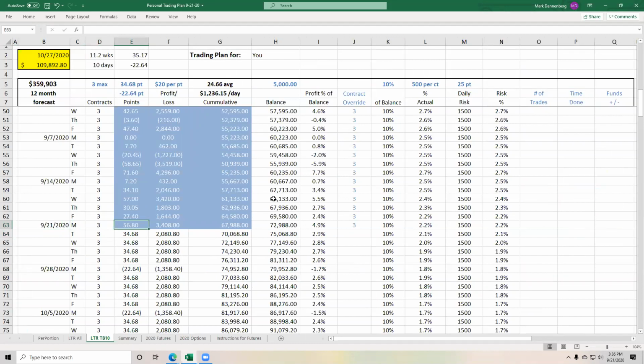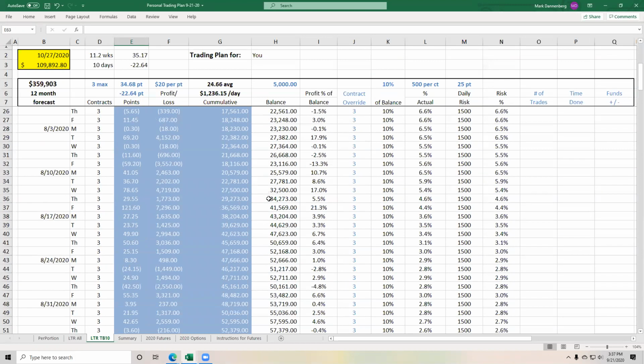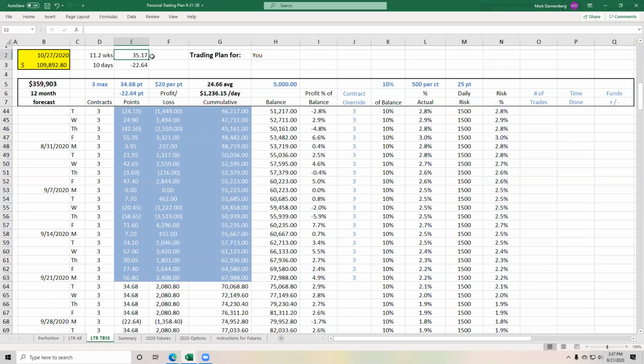Here's the most important thing you can do, second only to trading. Second only to trading. You come up here to the top of your trading plan. And this number right here is telling us what the average profit performance is for our winning days.